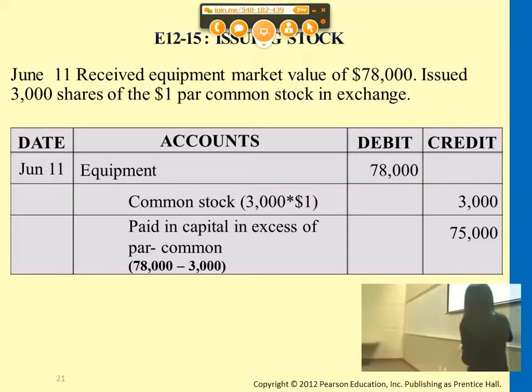So again, if we post this to T accounts, you have common stock, right-hand side, an additional $3,000, and paid-in capital, an additional $75,000. And earlier we had preferred stock at $15,000.